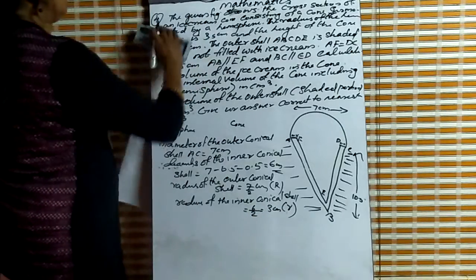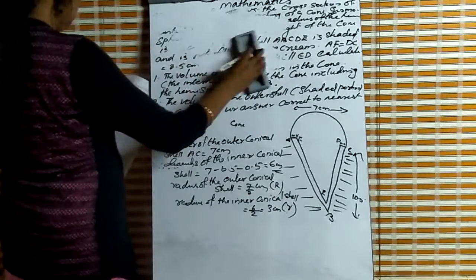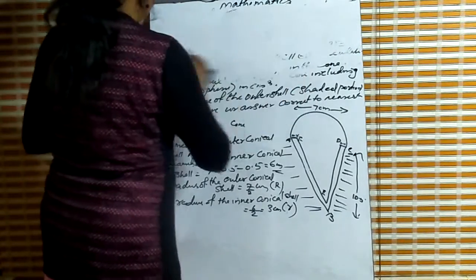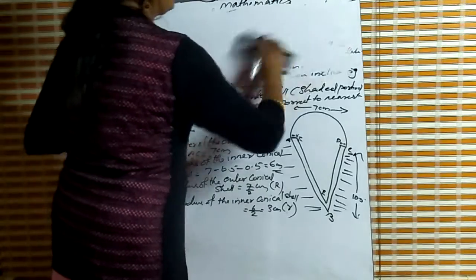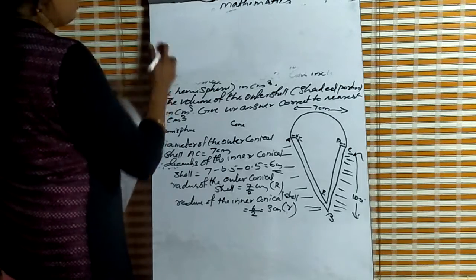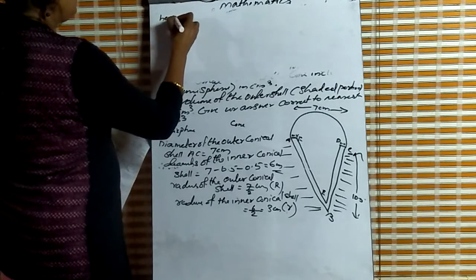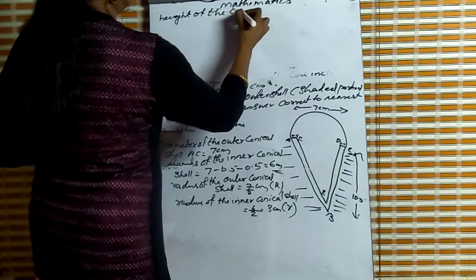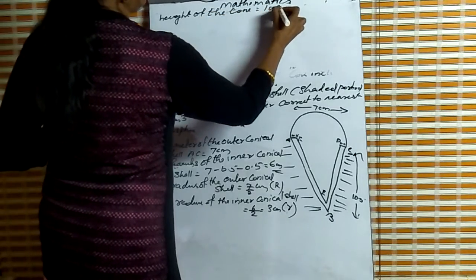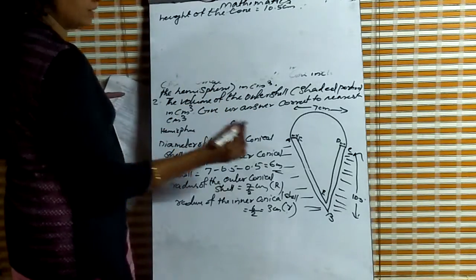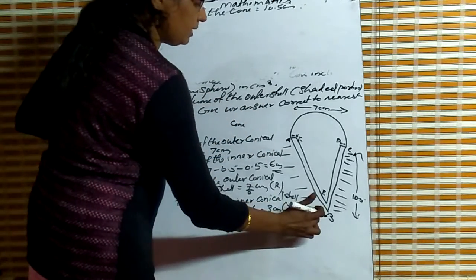Then also given, the height of the cone, capital H, is 10.5 centimeter.